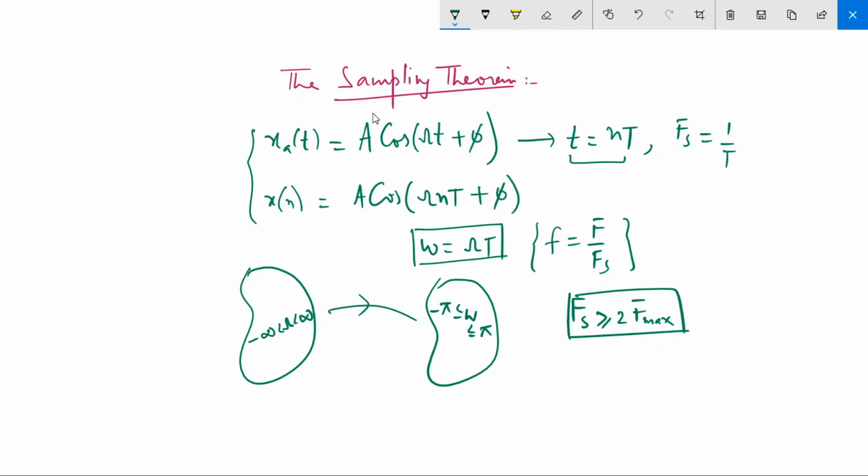But if you choose a sampling rate which is less than twice of the maximum frequency, you will get a signal whose frequency in the digital domain will go beyond pi, and as a result, when you reconstruct the signal back to the continuous domain, you may get more than one signal. So there was an ambiguity as to which signal the actual samples have been obtained from. So this we have discussed in the last class.